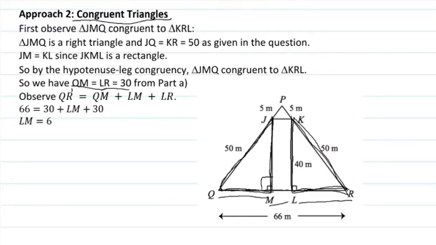QM is 30 because we just calculated it. And LR is 30 as well because we calculated it in part A. So altogether we have this equation in LM. Now we can solve for LM by subtracting 30 from both sides and then subtracting 30 again from both sides, leaving us with LM equals 6. And we see that this is the same answer as we got in the first approach.